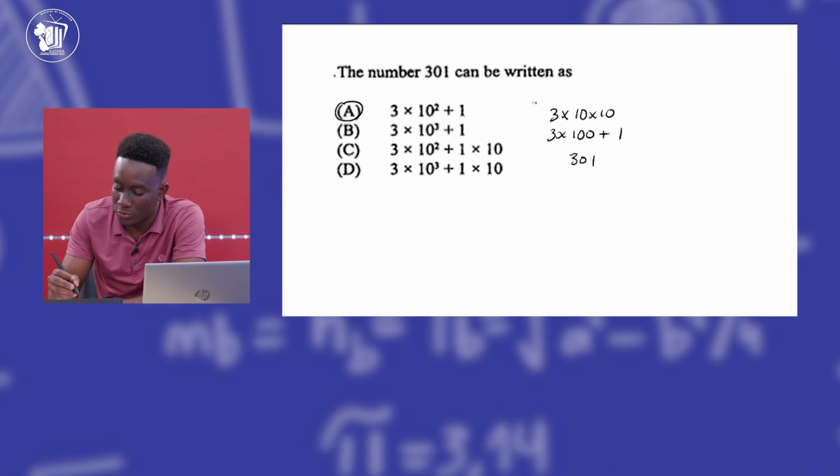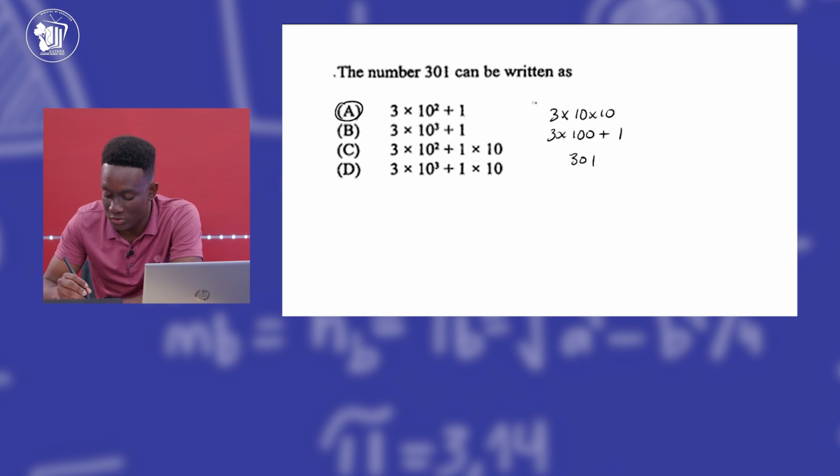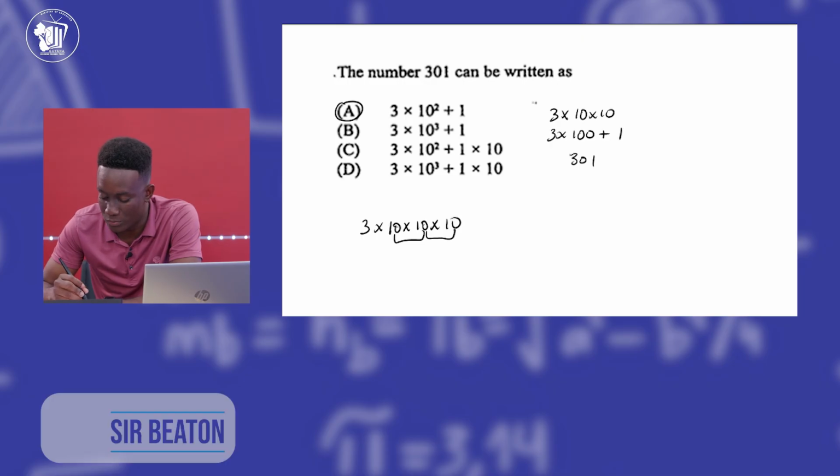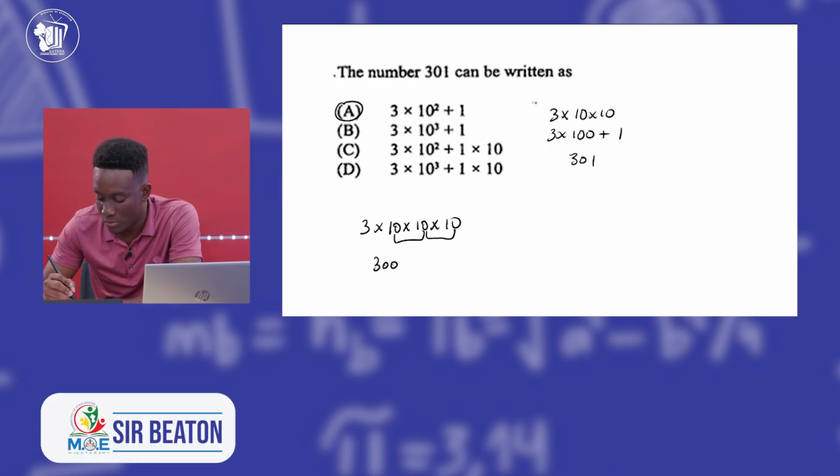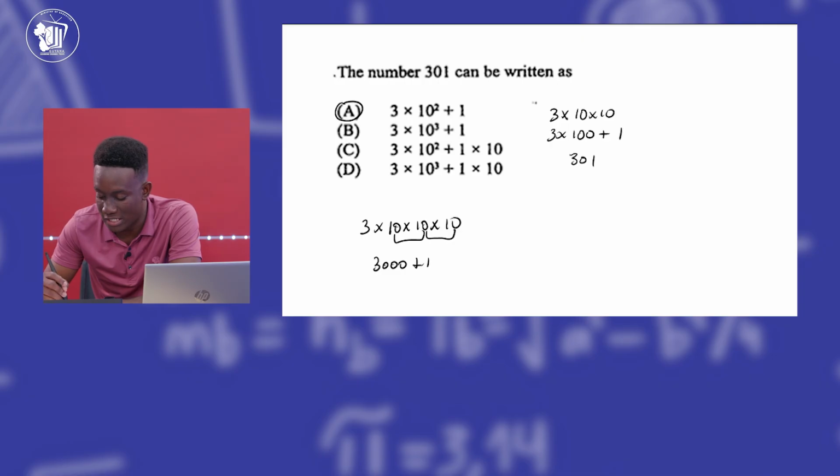So let's look at the other options, which is 3 times 10 to the third power. This would be the same as 10 times 10 times 10. 10 times 10 is 100, 100 times 10 is 1,000. So 3 times 1,000 would be 3,000, plus 1 would be 3,001. So that cannot work, and the same thing for the others.